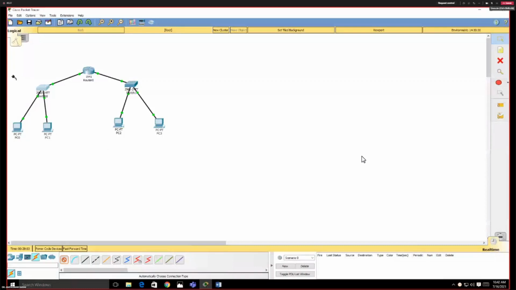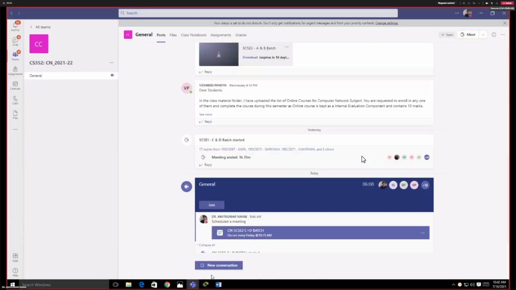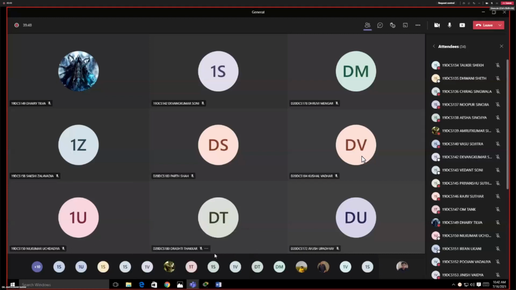If you consider this portion, then this portion is representing one network. This portion is representing one more network. So two networks exist over here. So what is the importance of network address and what is the importance of host address? Can you tell me?